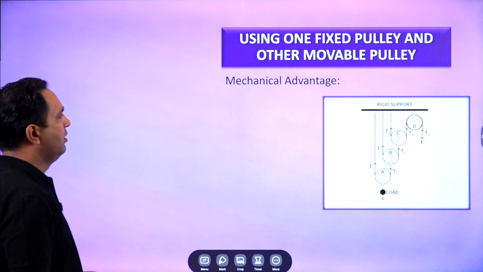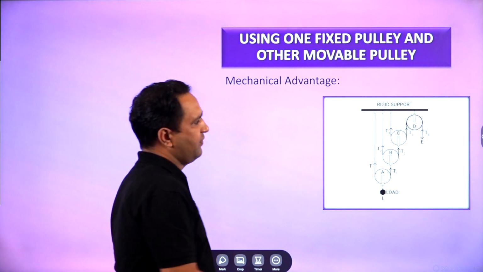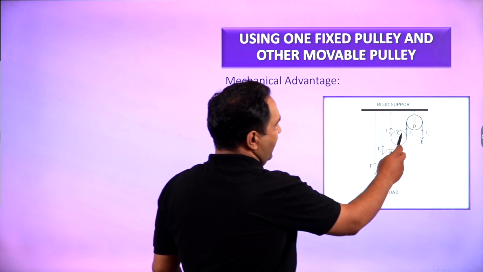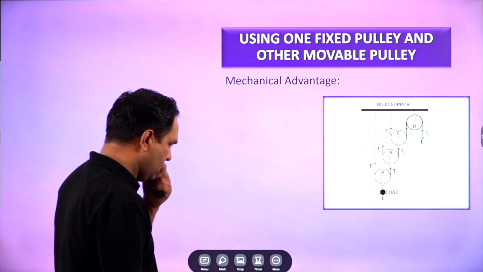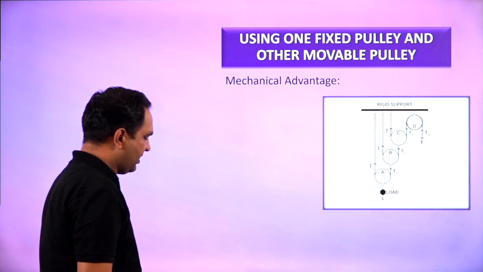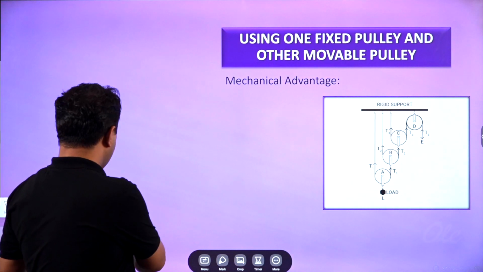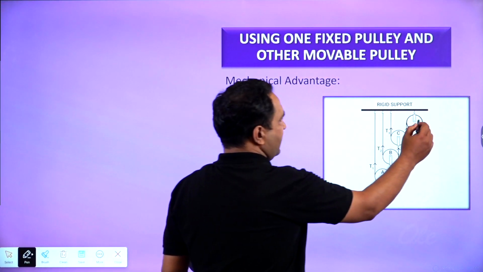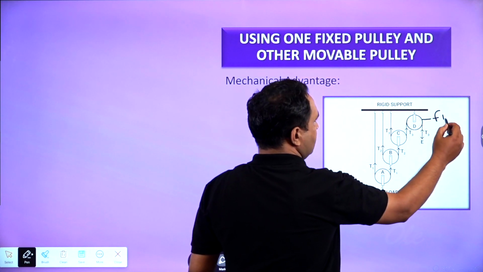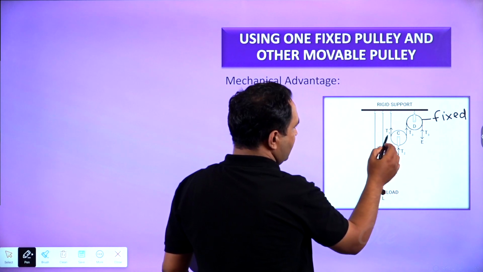First of all, we will study the combination where one pulley is fixed and the others are movable pulleys. We use these pulleys to lift heavy loads. This is the first system where one pulley is fixed, this one, while the other pulleys are movable.